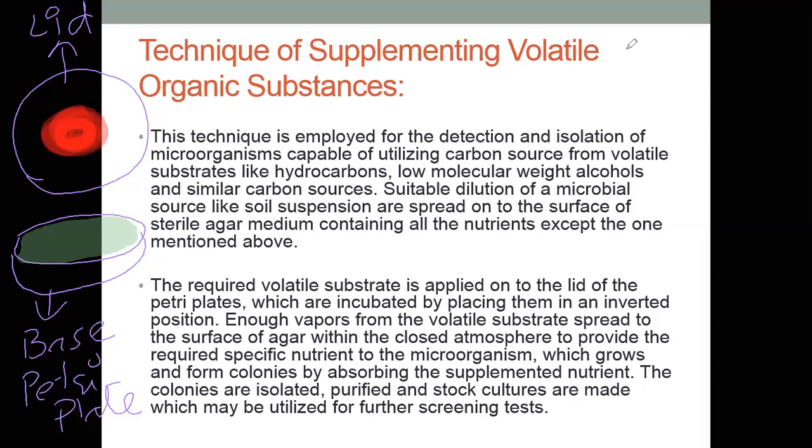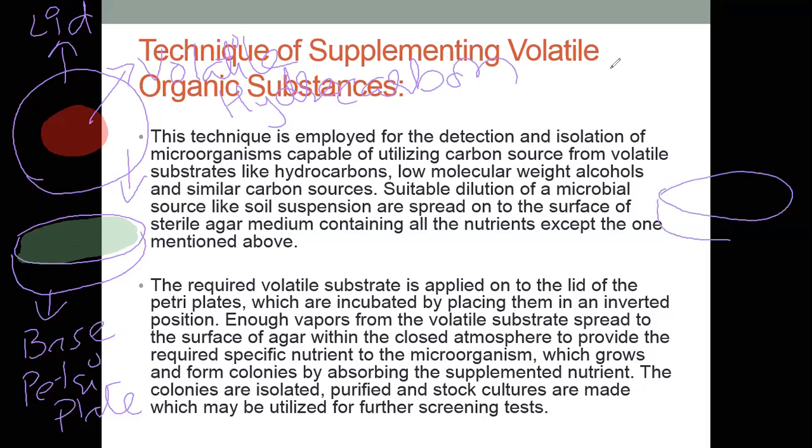Let's say this is the volatile hydrocarbon. So now you're going to place the lid, cover the Petri plate, and rest the Petri plate in an inverted position.